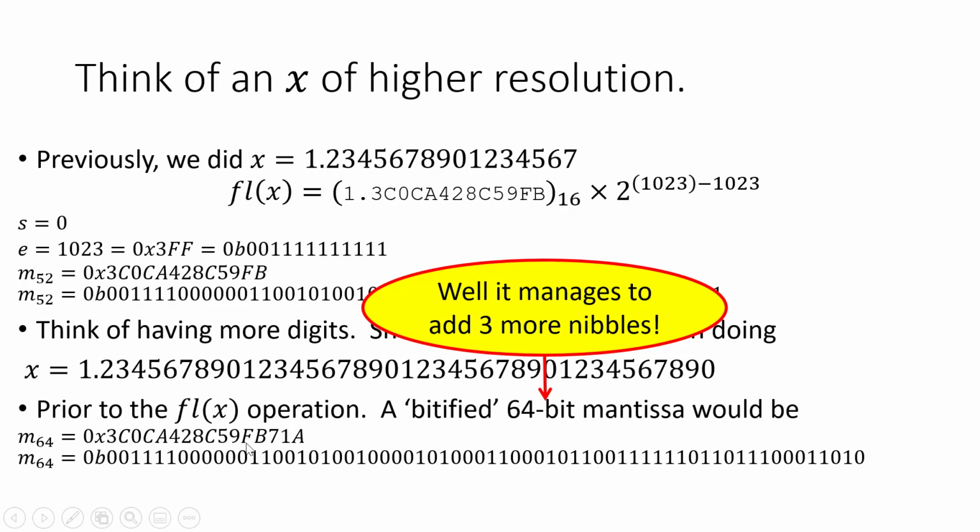So it ends up looking like, after the FB that we had before, I continue with a 7-1A in terms of the mantissa. And I've noted the mantissa as M64 here to differentiate it from the double float mantissa of M52. So the point is I'm trying to increase the resolution and then look at, well, what is that going to do for me once I do the floating point operation?